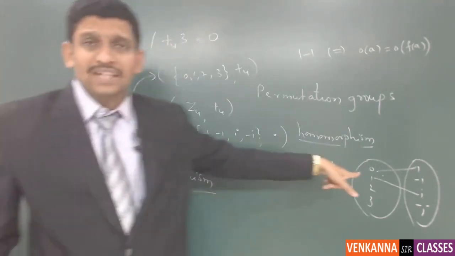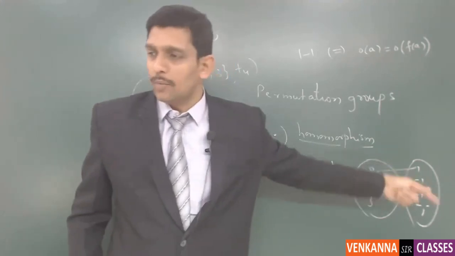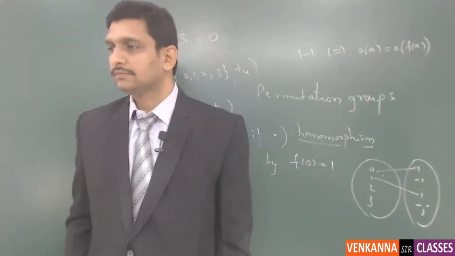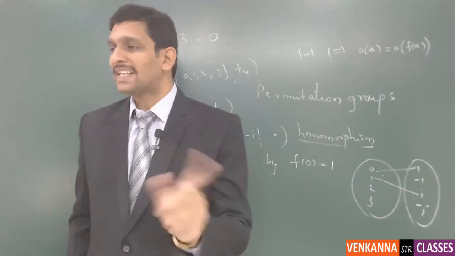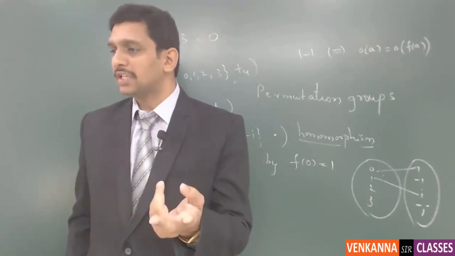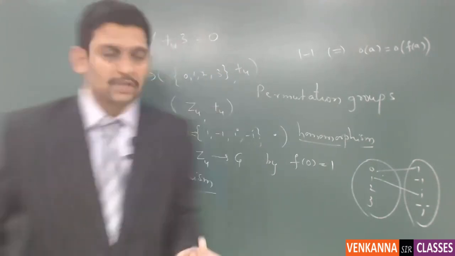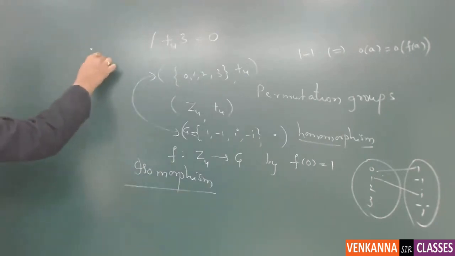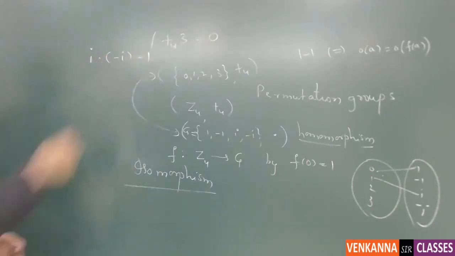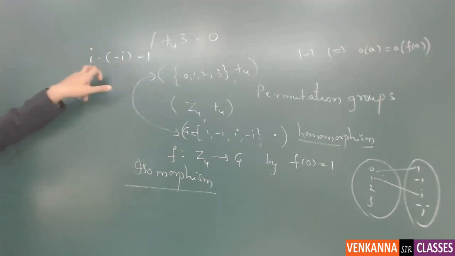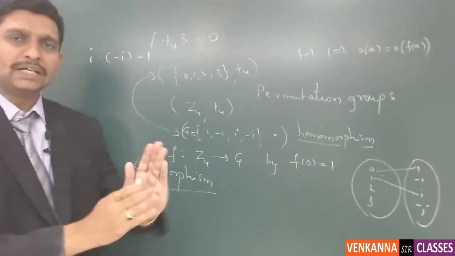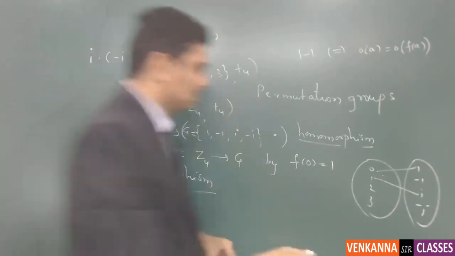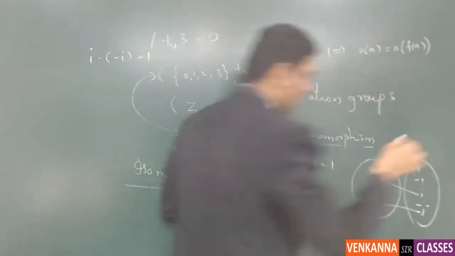Now, what is the inverse of i in the codomain? Minus i. i and minus i are inverses of each other. As you know, i dot minus i is equal to 1. So, the inverse of i is minus i. Now you have to pair inverse with the inverse. So 3 you should pair with minus i.